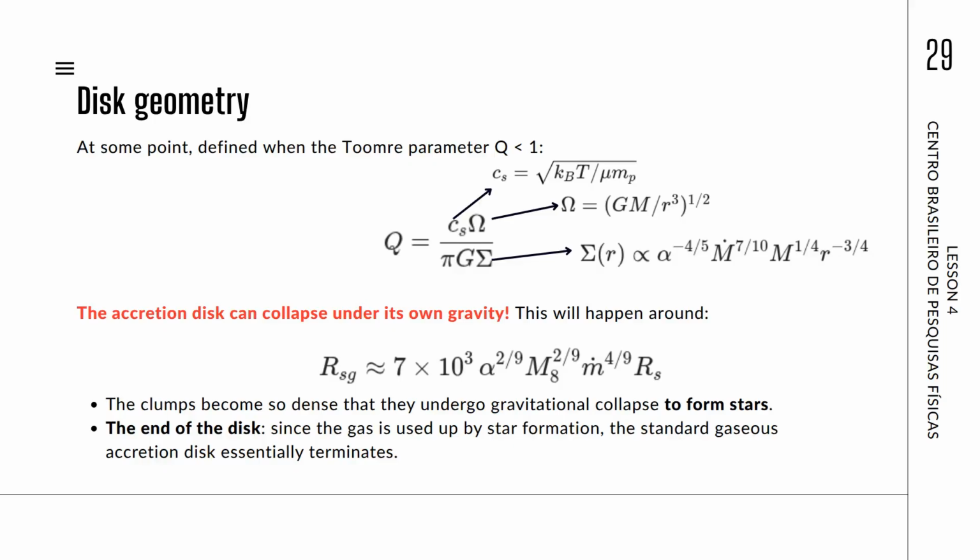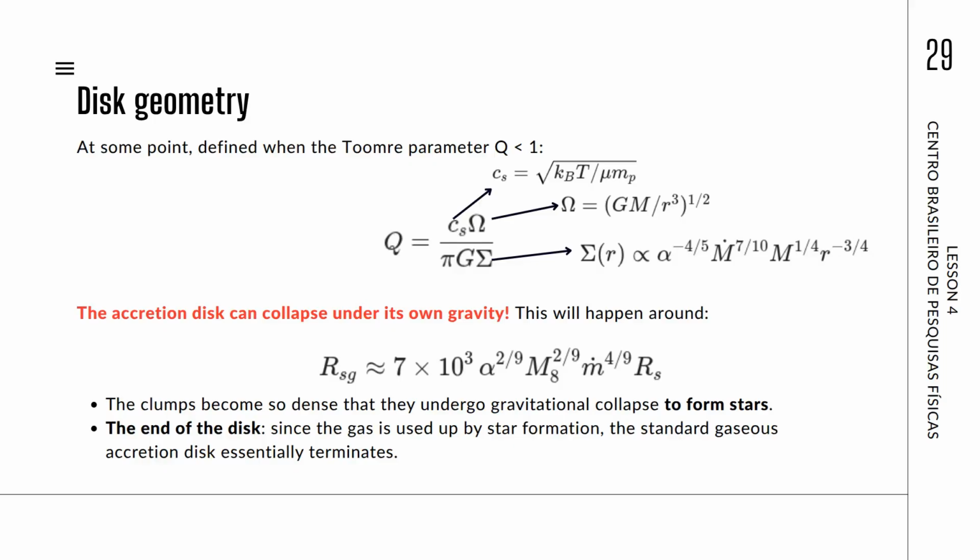This point is defined by the Toomre parameter. I'm not going into details here, but you can use this to arrive at the radius of self-gravity, the radius where the disk starts collapsing and forming objects. It can start forming stars, for instance.